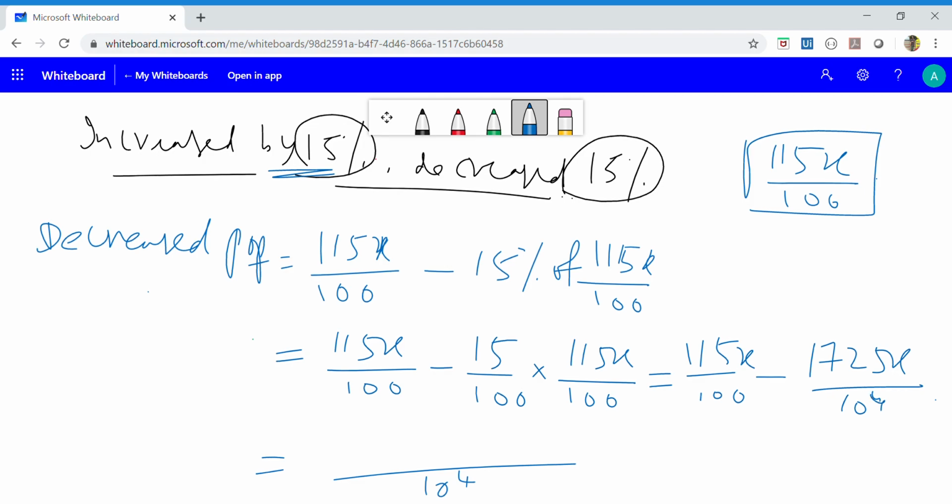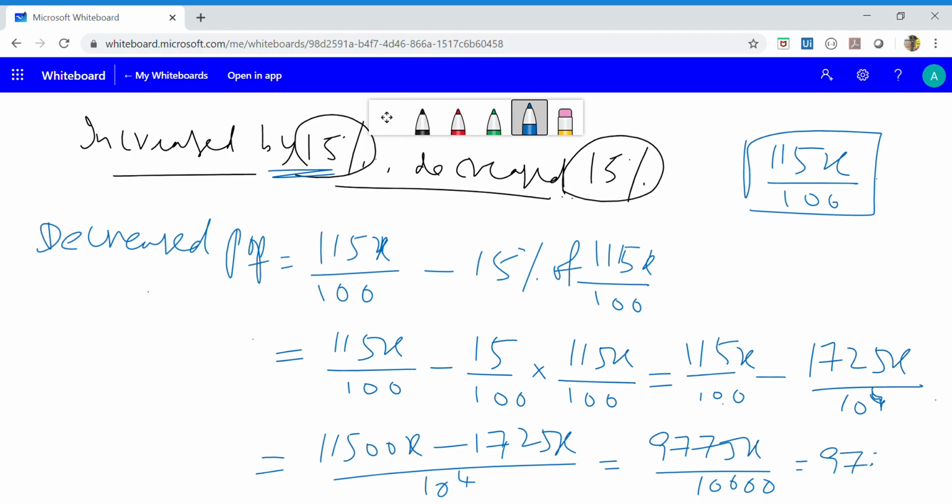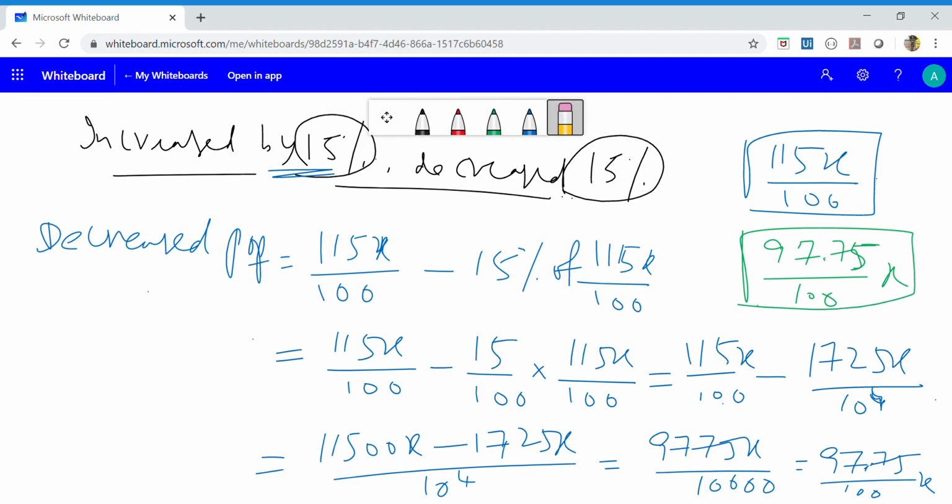So 100 into 115x minus 1725x is 9775x by 10,000, which is 97.75x by 100. This is the second year decreased population.